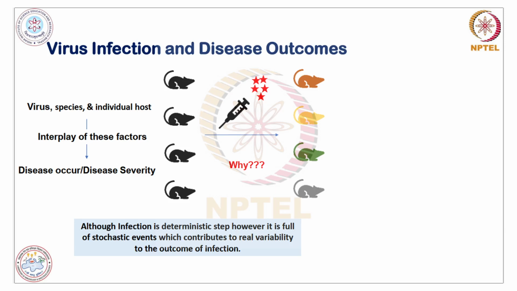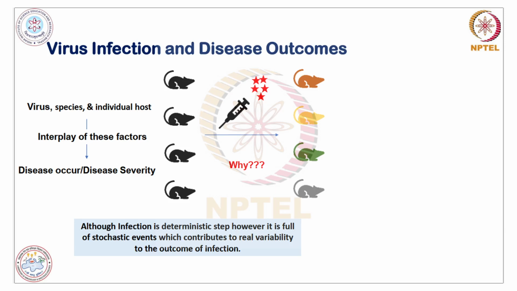Virus infection and disease outcome: what we can see from here is that some individuals get severely sick while others barely show any symptoms, or some show no symptoms at all.